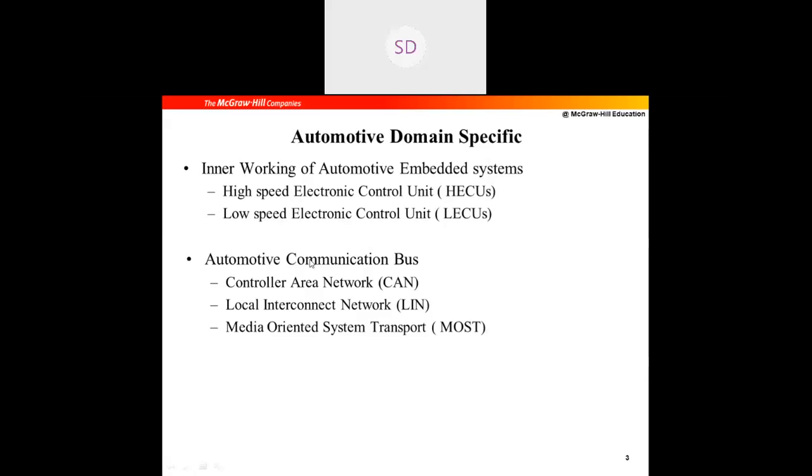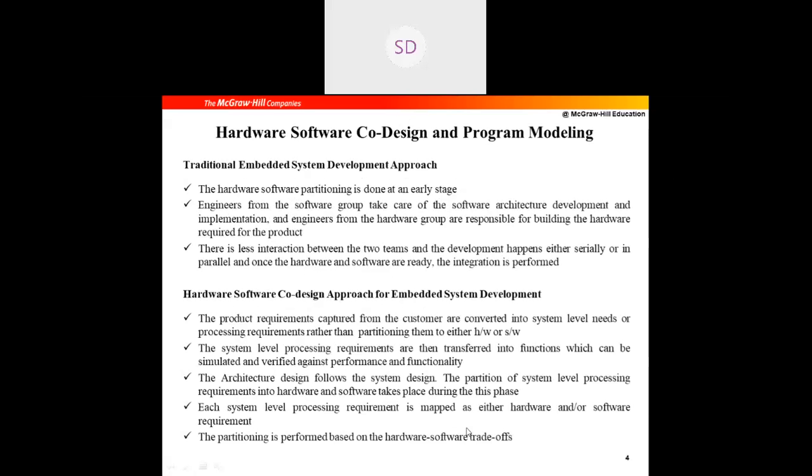Others where time is not an issue can be implemented using LIN bus, that is Local Interconnect Network. The last one is Media Oriented Systems Transport, where the network will be used. So this is about the applications of embedded systems.